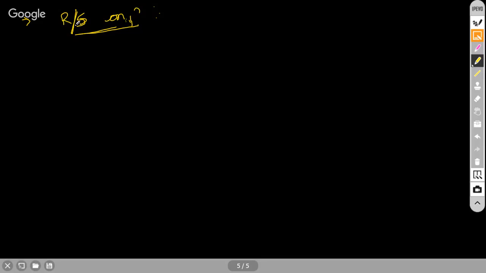Now suppose the molecule is this. The molecule I am taking has this carbon, with chlorine and hydrogen attached, and here we have CH3, and here we have bromine.